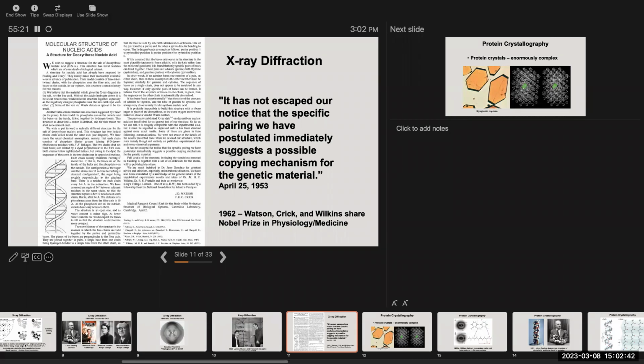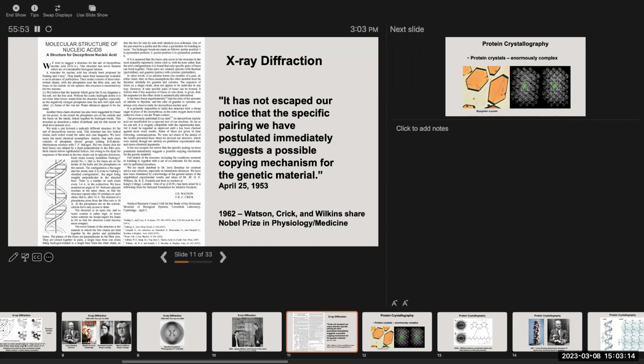But there's a great line from this article which I just love. I think it's one of the best quotes from the history of science. It's kind of understated, but it was eventually going to revolutionize the entire field of biology. It has not escaped our notice that the specific pairing we have postulated, in other words, the pairing of adenine to thymine and guanine to cytosine, immediately suggests a possible copying mechanism for the genetic material.